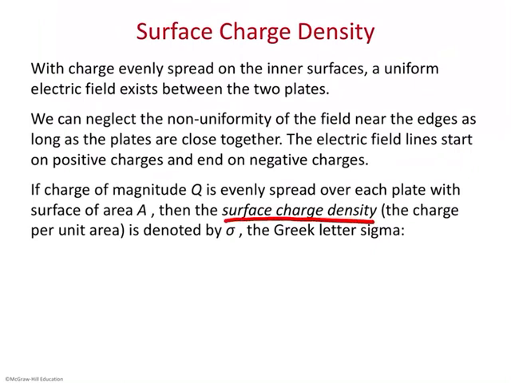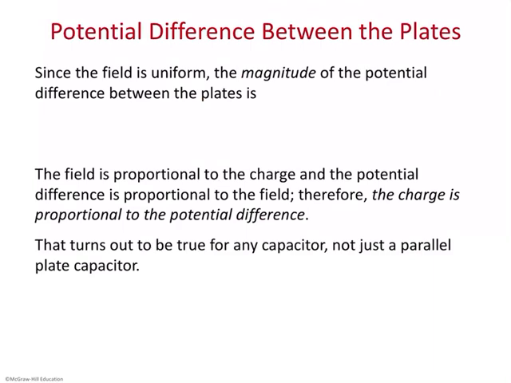Because of that, we have another quantity, the surface charge density, which is given this funny looking symbol right here, sigma, and it is the charge per unit area. We'll get into the units here in a minute.